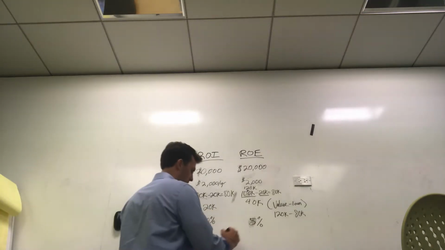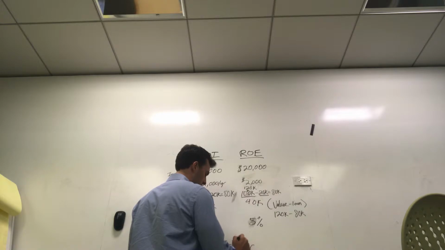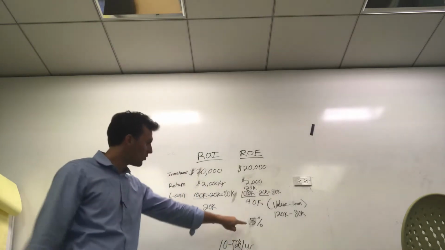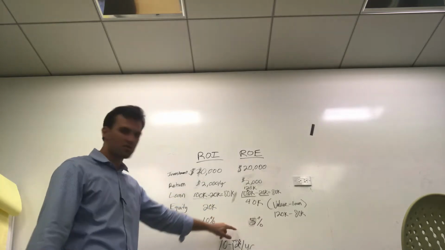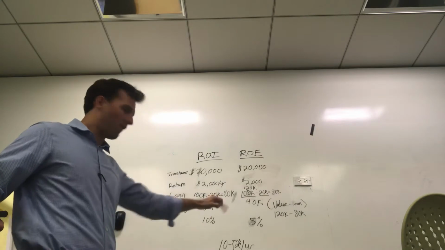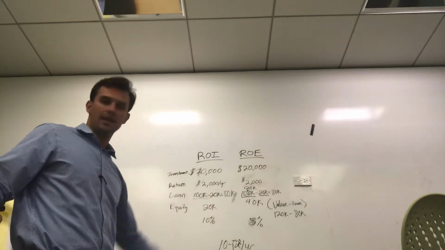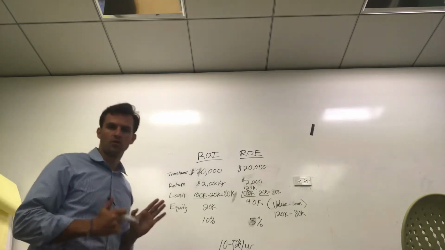The market returns between 10 and 12% a year. Why the hell would I ever put my money in here and do it at 5%? I've already discussed in numerous videos the huge difference between a 5% compounded return and a 10%. This is why we want to leverage properties.